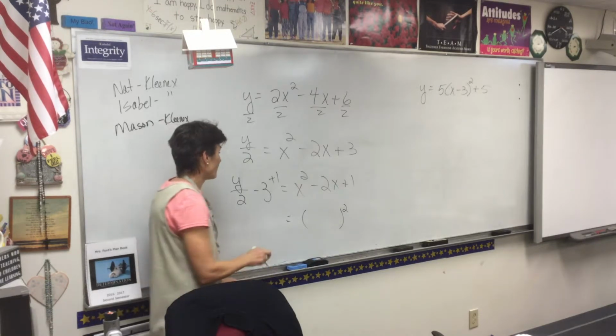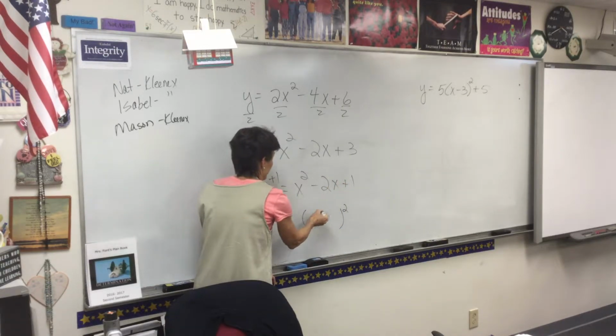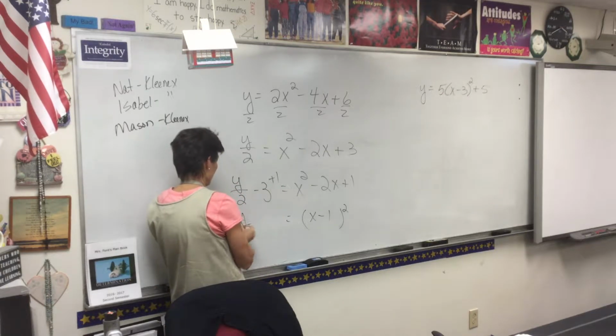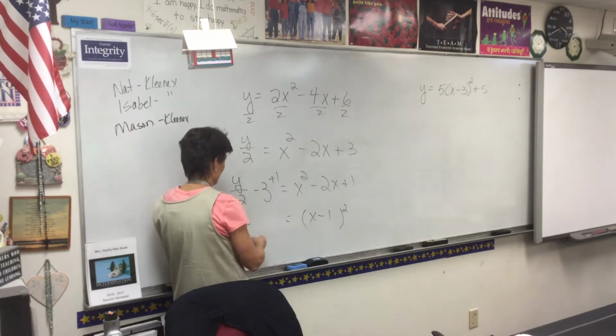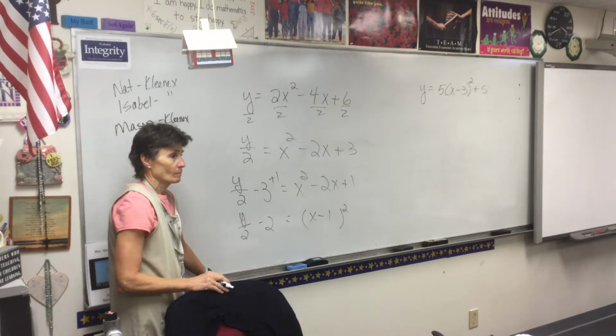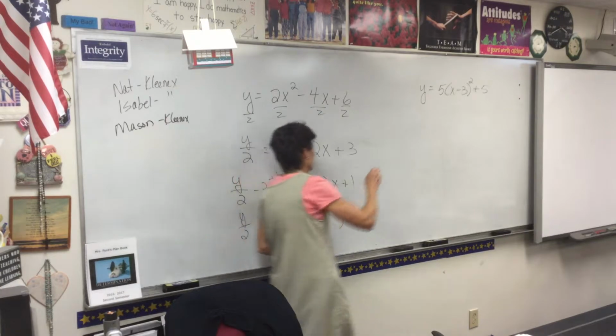All right, so what perfect square do we have over here? X minus 1. And over here, just combining those, this? Yep. Now what? Add the 2.